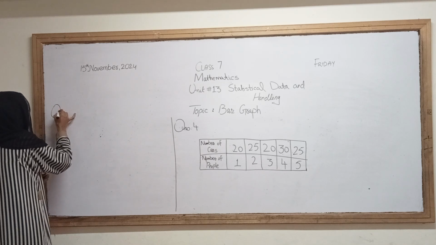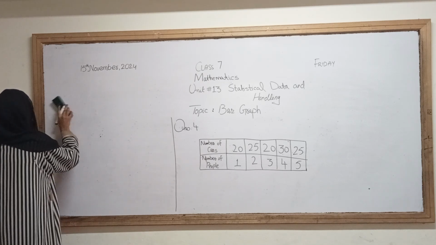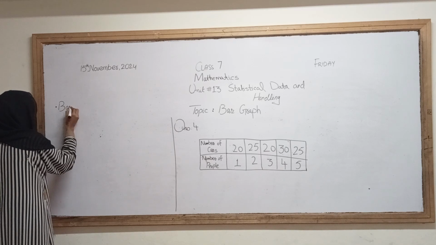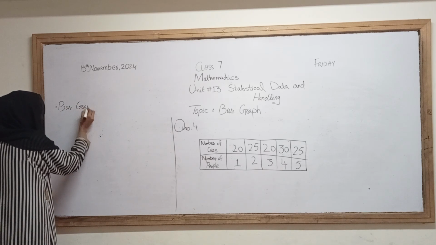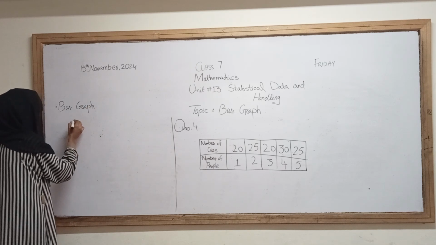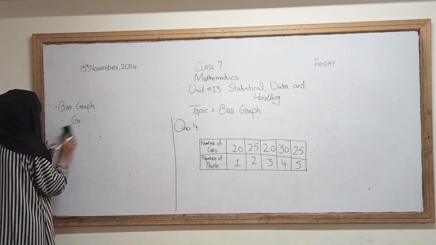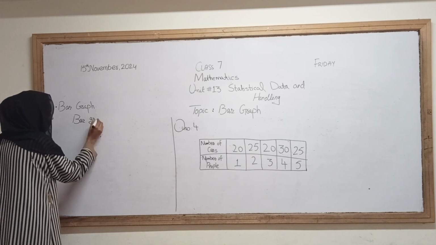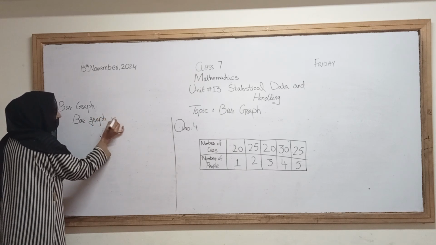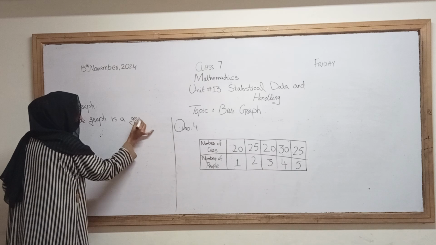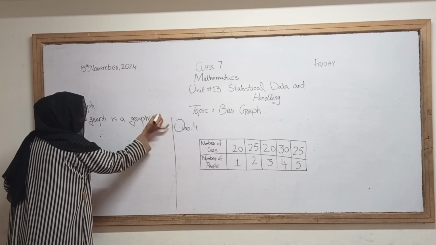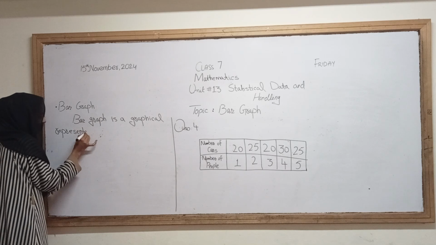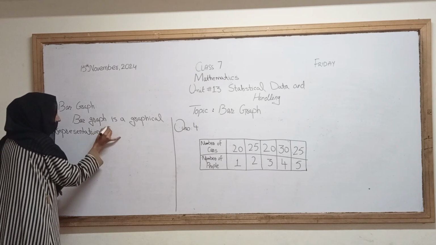The definition of bar graph is: a bar graph is a graphical representation of data.